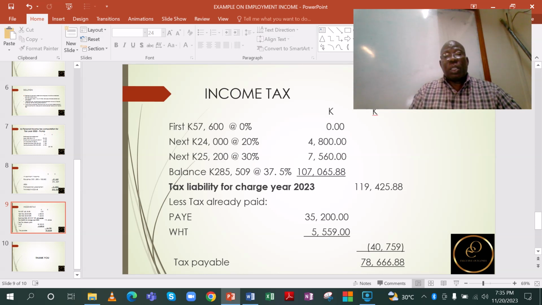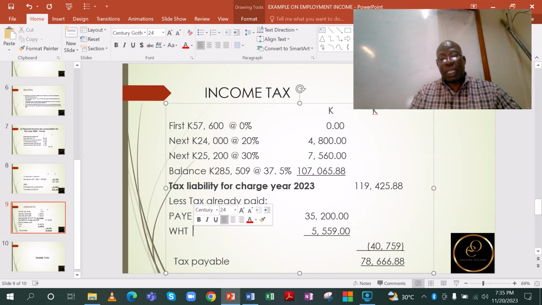So this is tax already paid, which is accounted for in the 119,425 kwacha 80. Apart from that, there was also withholding tax which was paid from source on the royalties.